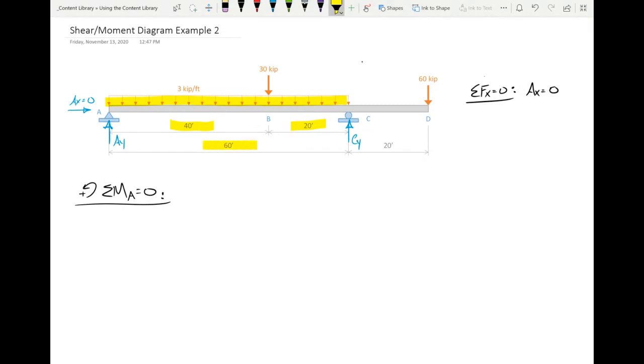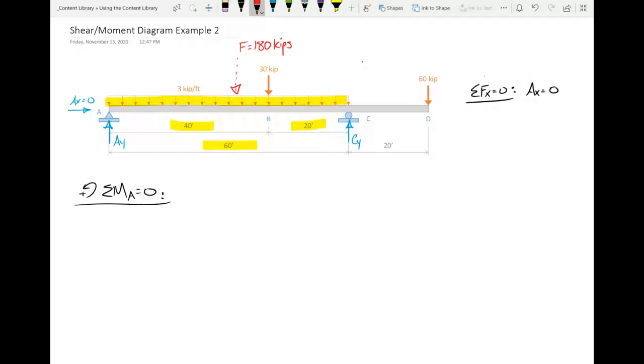So the load is 3 kips per foot, and the total length of that load is 60 feet. So the first thing we'll ask is, how much force is that? If I have 3 kips per foot over a total width of 60 feet, that's a total force of 180 kips.